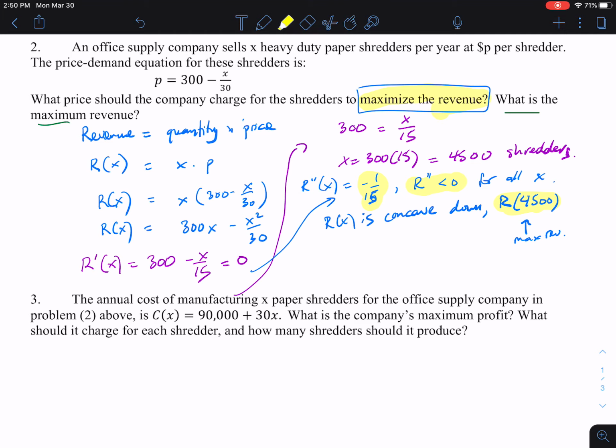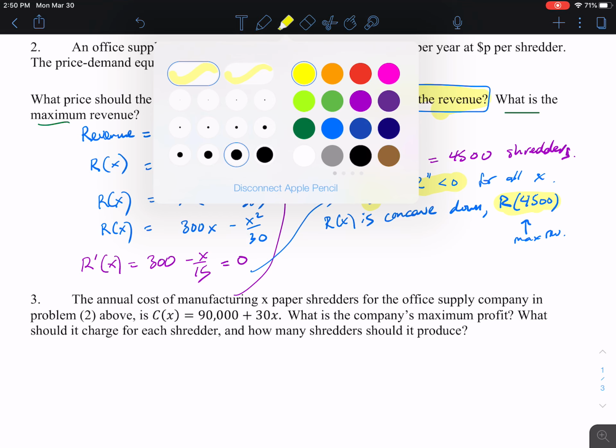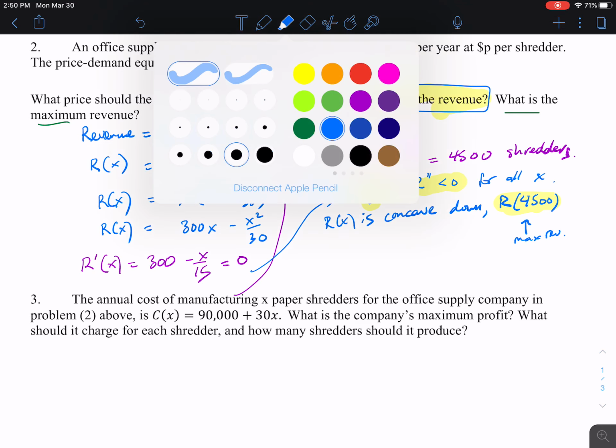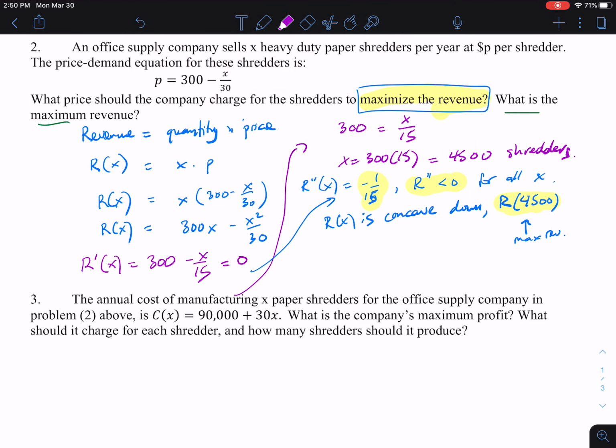So now to get to the second part of the question, we're supposed to find the price that the company should charge to get the maximum revenue, and we also need to know what that maximum revenue is. So R of 4,500 will give us the maximum revenue for sure, but then we still have to answer what price the company should charge for the shredders to maximize revenue.